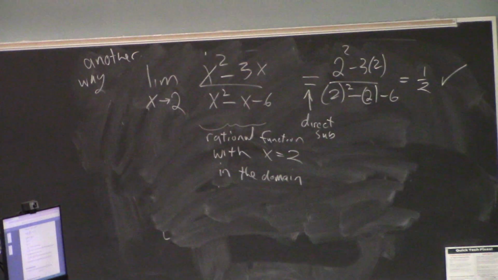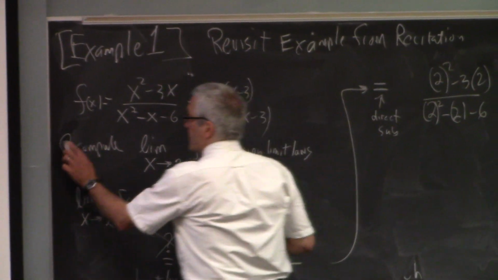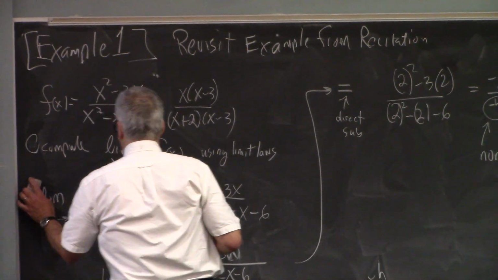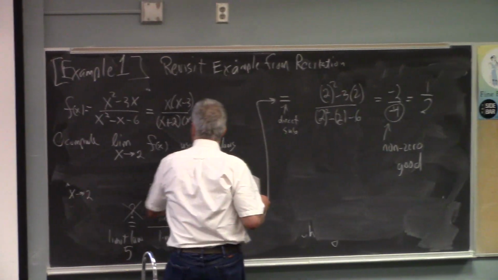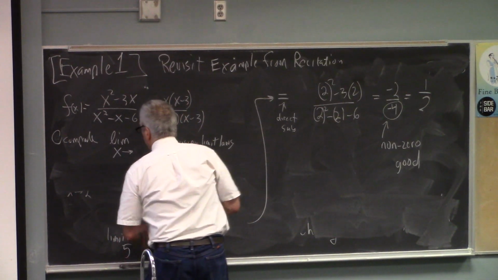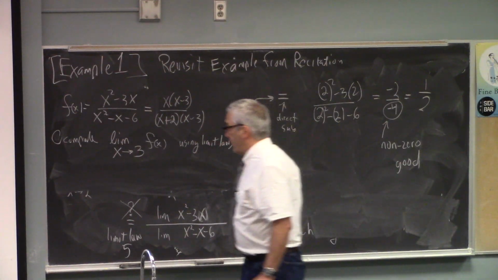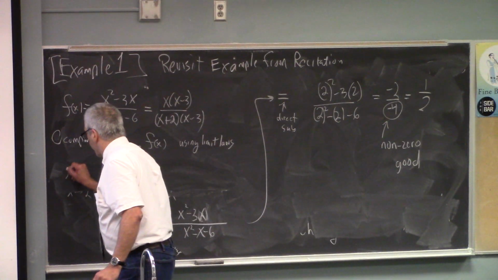All right, let's do example B. Find the limit as x approaches 3 using the limit laws. Okay, I shouldn't have erased this. Let's try this.